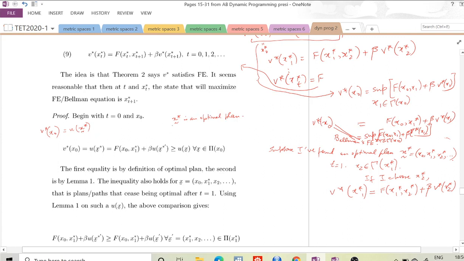So how do I introduce the Bellman form right hand side here? Recall from lemma 1 that u of x tilde star must be the sum of f of x naught, x star 1 plus beta times the discounted present value u of x tilde star prime, starting from tomorrow, from the path x star 1 onwards.